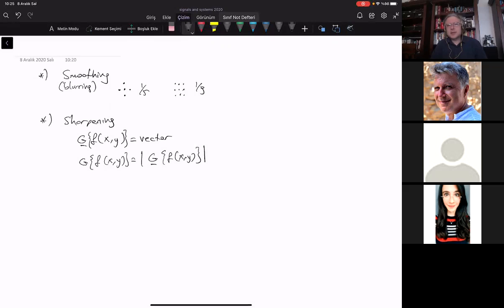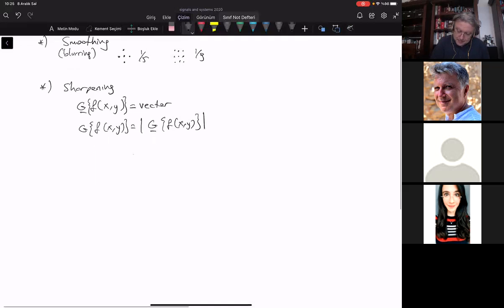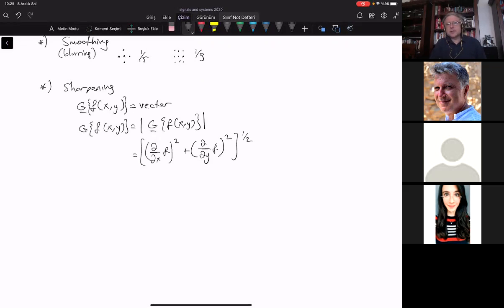Like this, the magnitude of the vector, which is actually the partial derivative of f with respect to x plus partial derivative with respect to y, all squared, and then added, and you take the square root of it.